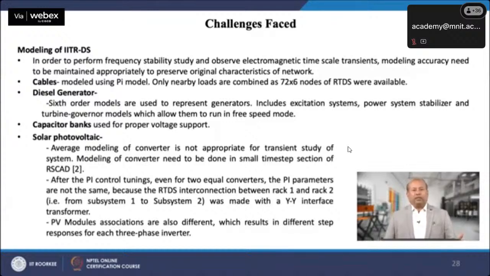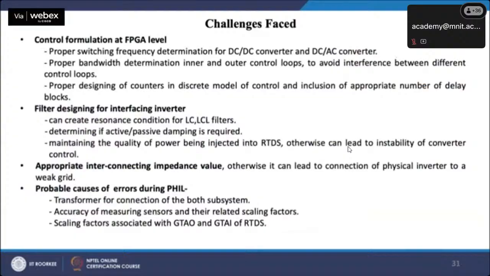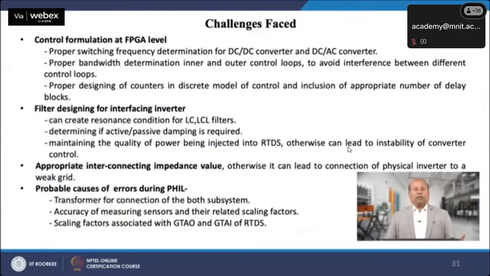In addition, PV module associations are also different, which can result in different step responses for each 3-phase converter. With respect to designing of control at FPGA level, it is important to determine appropriate switching frequency for the physical DC to DC and DC to AC converter incorporated in the VSG converter.